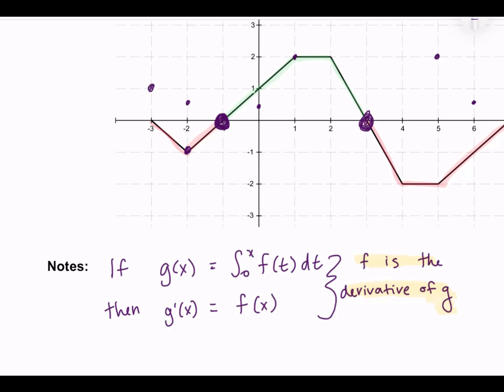The other places where it kind of changes, like here, it changes from increasing to 0, so it's not really changing to decreasing, so that's not a point of inflection. And then similarly here at 4, it changes from decreasing and then just has a slope of 0, so that doesn't actually have an inflection point right there.